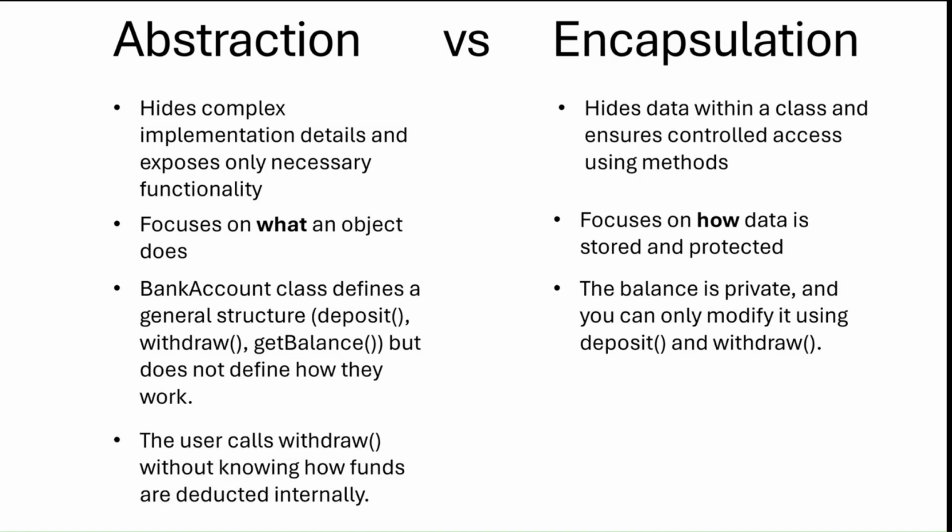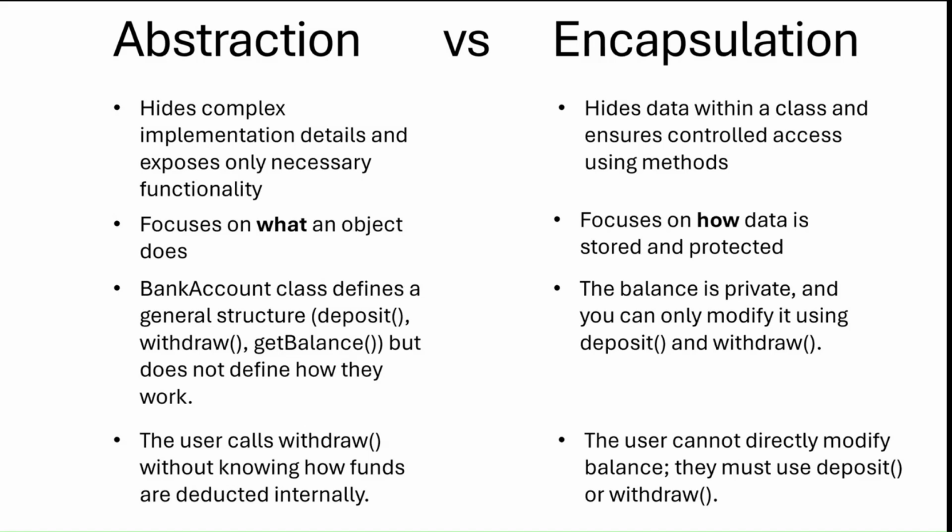For example, a user calls a withdraw method without knowing how the funds are deducted internally, without knowing how the balance is stored, right? So withdraw acts as a way to interact with the complex implementation detail to deduct the money.